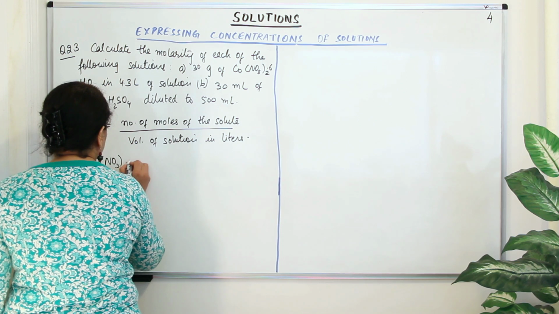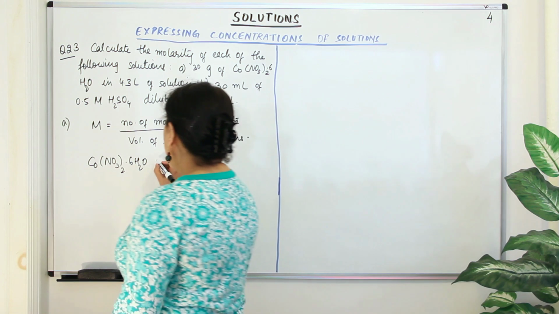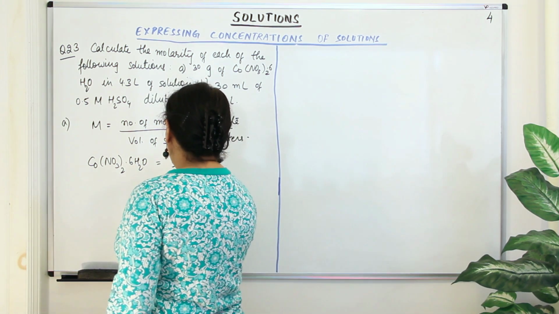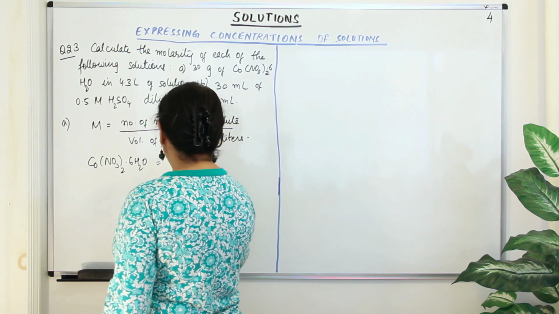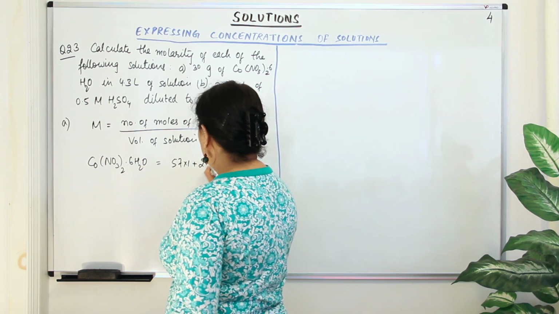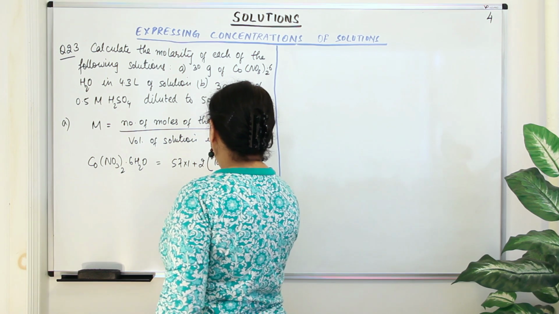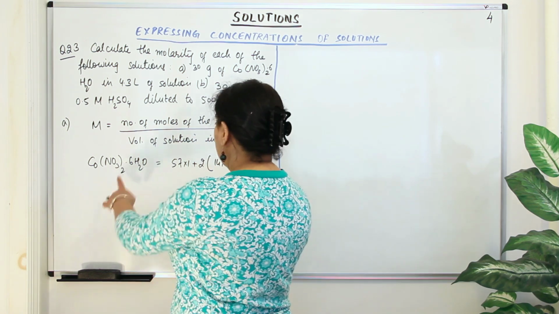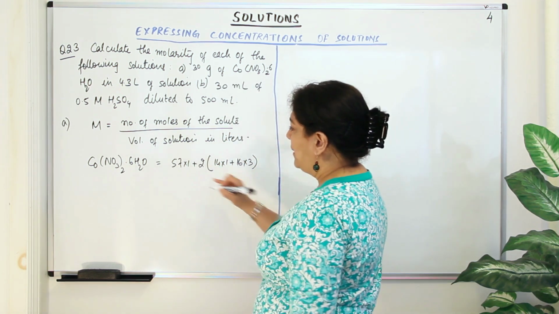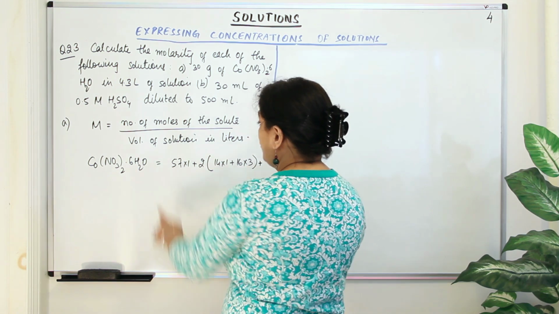Co(NO3)2·6H2O. Now this is cobalt nitrate hexahydrate and you have to find out its molar mass. The mass of cobalt is 57 into 1 because there's only one atom of cobalt, plus the nitrate is multiplied by 2. So you write 2 and put it in a bracket. The mass of nitrogen is 14 into 1 plus oxygen is 16 and there are 3 atoms of oxygen, so 16 into 3, and all of this is to be multiplied by 2, and there are 6 molecules of water.